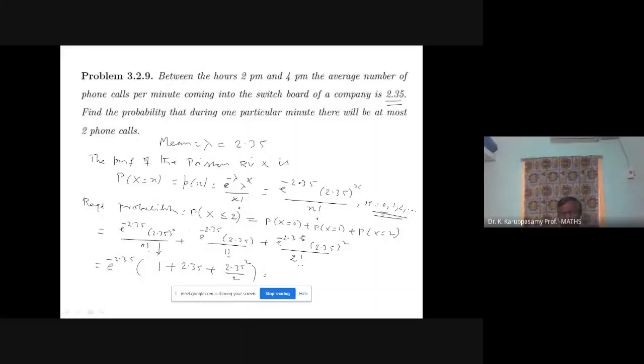So your calculator will display e of minus 2.35 into the bracket of 1 plus 2.35 plus 2.35 whole square divided by 2. Now if you press equal to, that will give the required answer, 0.5828. Always write the answer up to 4 decimal places. So the answer for this problem is 0.5828.